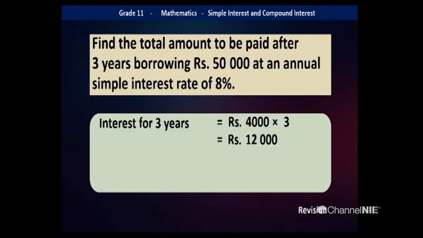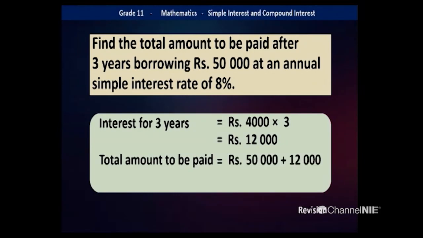That means the total interest is 12,000 for the 3 years. Then the 50,000 principal amount, or you call it the initial amount, plus 12,000 interest gives the total amount. Total amount means principal plus the total interest. 50,000 plus 12,000, your answer is 62,000.